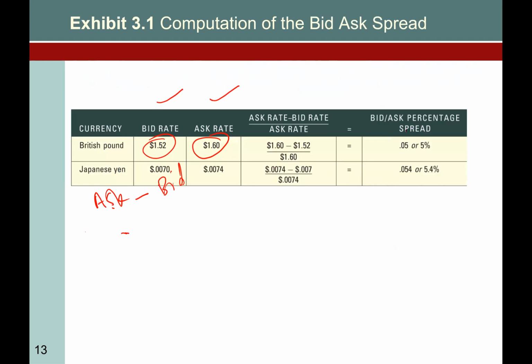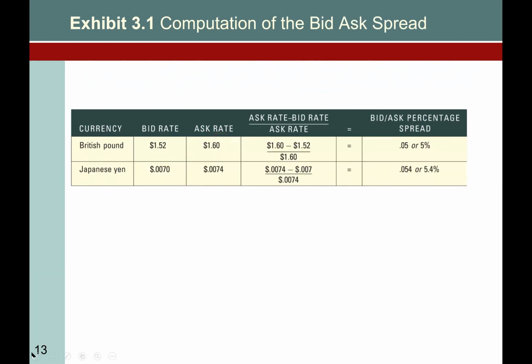If we want to find out the ratio, divided by ask, 5%. Japanese yen is 0.054 or 5.4%. So from this table, this is what you can get.